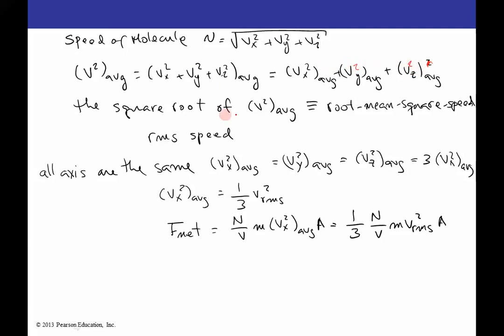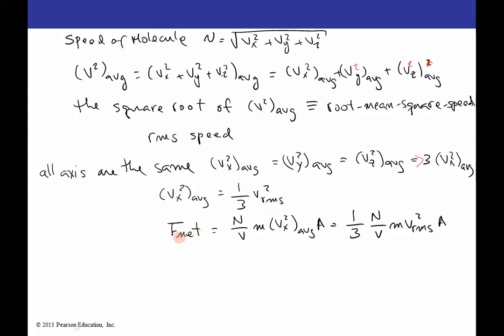Now, the root mean square is defined by, well, we are going to look at the fact that there's nothing special about the x-axis, so these numbers have to be equal for the three axes. So this implies that you're going to have a 3 here.